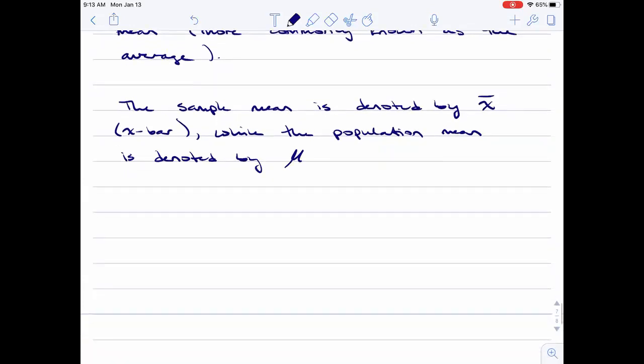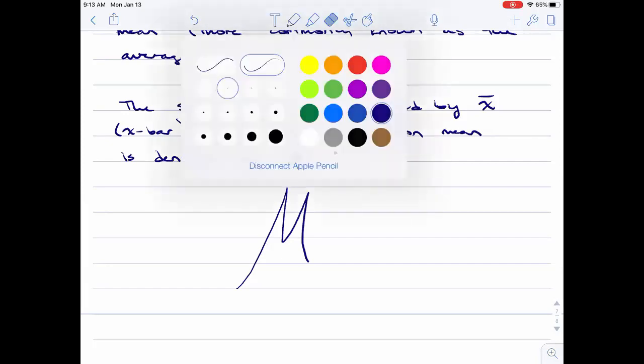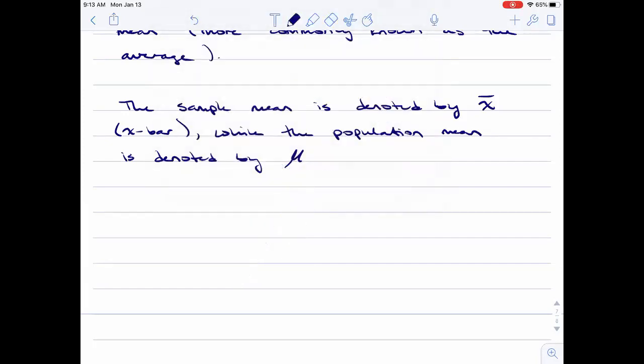This is a Greek letter mu, and it starts off low down here and then kind of goes. Mine look nicer when they're small. So this is a mu, which you can just spell mu.